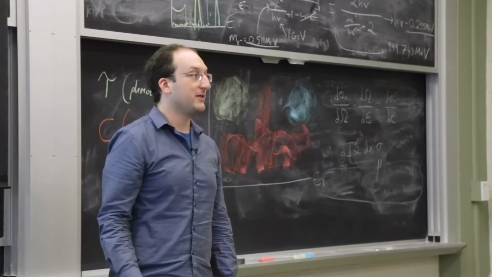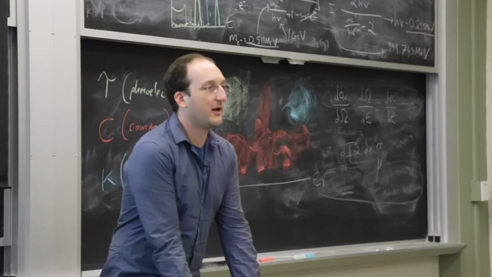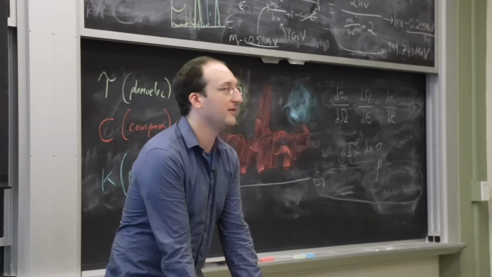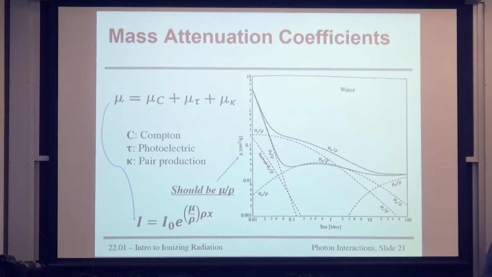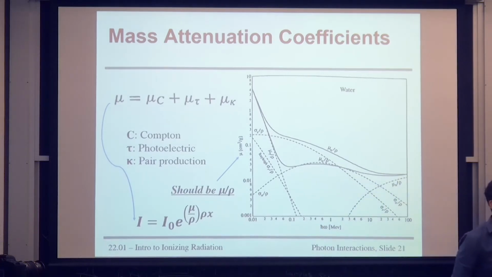In other words, it's a cross-section, really. It's a microscopic cross-section. I don't know why in a lot of these courses they're introduced separately, because they're the same thing. They're interaction probabilities. And then that other rho from the slides just tells you how much is in the way. That rho times x just tells you how much water's in the way in terms of how dense it is and how thick your water shield is.